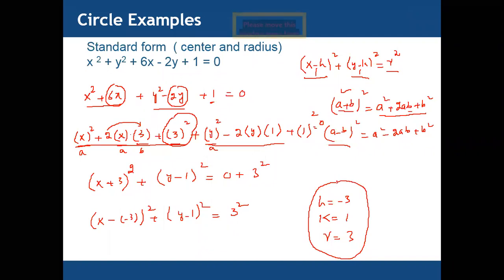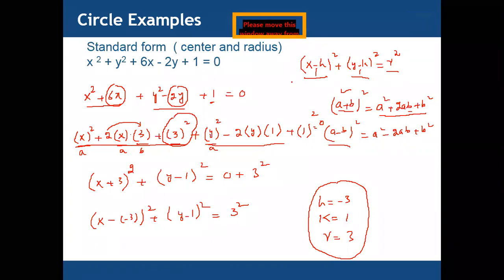Sir, h and k will always be opposite. No, not always opposite. You are talking about addition, subtraction and multiplication. For example, in the formula, here it was x plus 3, you change it to minus 3. So if you want h and k, we have to change it to its negative, or the opposite number.